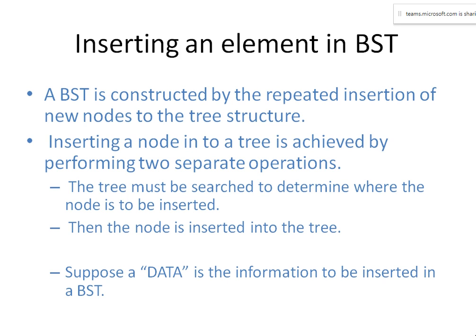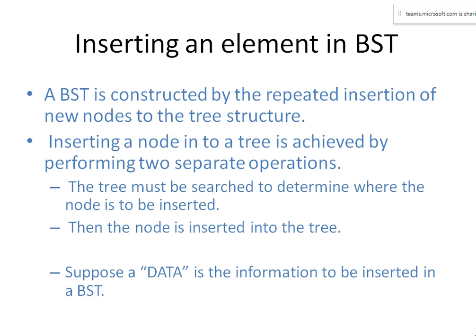This means that first you need to identify the location where you will be inserting the new node. The insertion will take place based on the value of the new node, because we have to maintain the property of the binary search tree. The value of the left child node will always be less than the root node, and the value of the right child will always be greater than the root node.